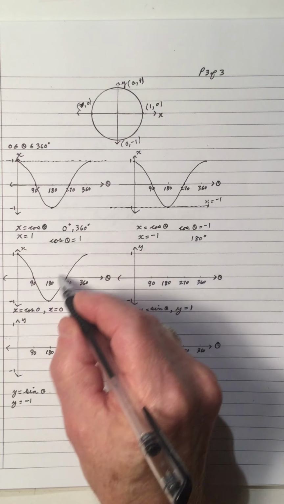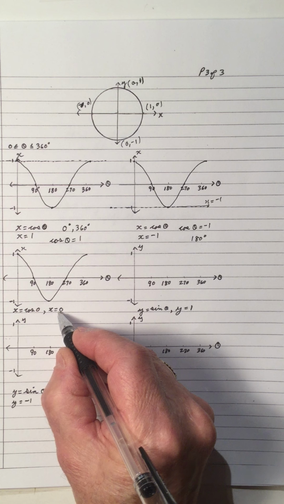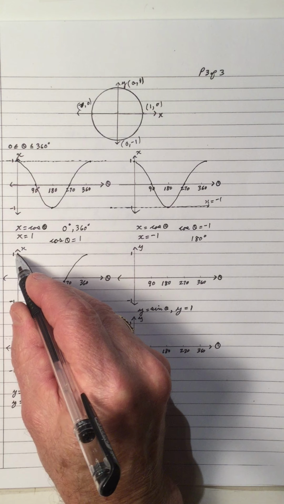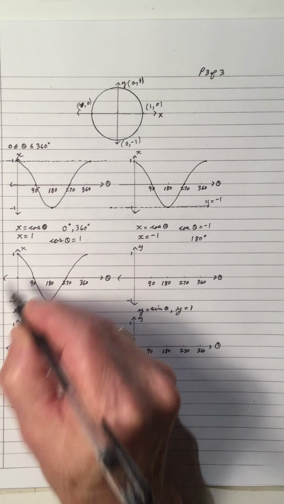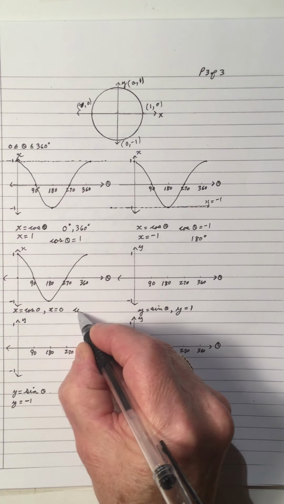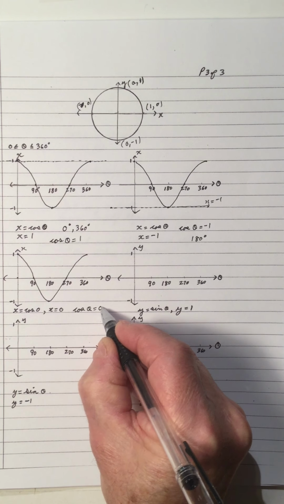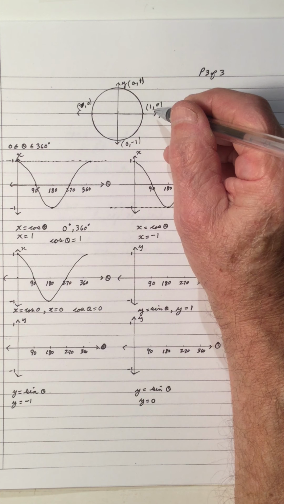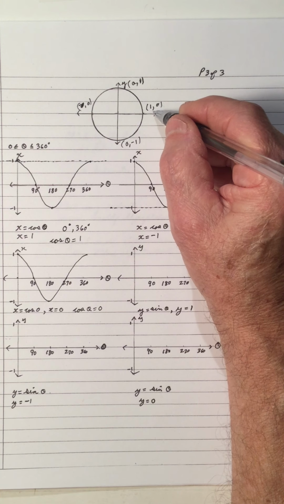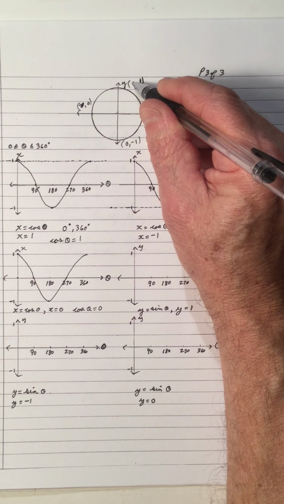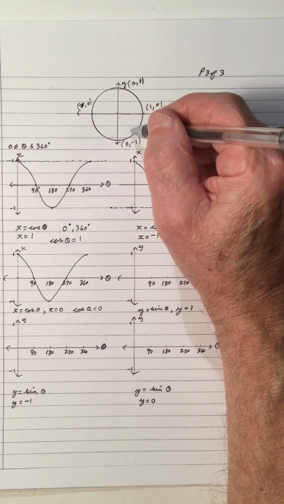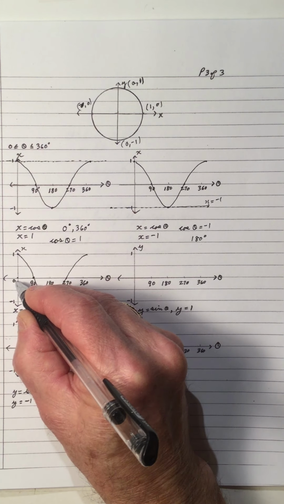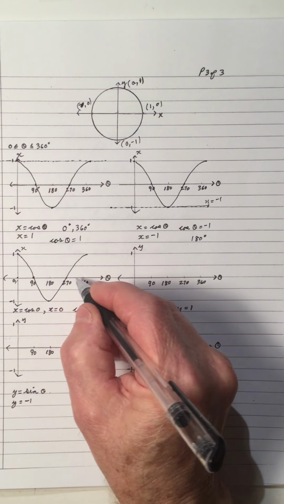And again, we have the cos graph where x is 0. Where's x 0? Right there. So this is cos theta equals 0. Cos theta is equal to 0 at 90 and 270.